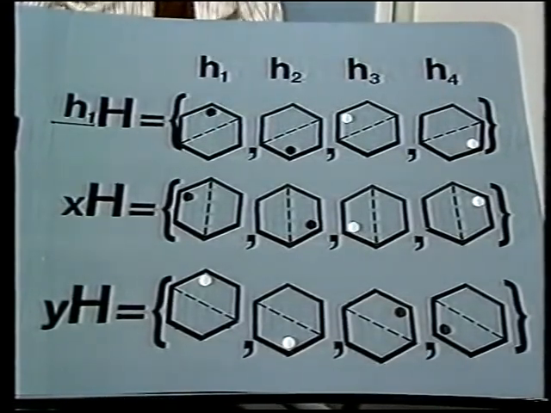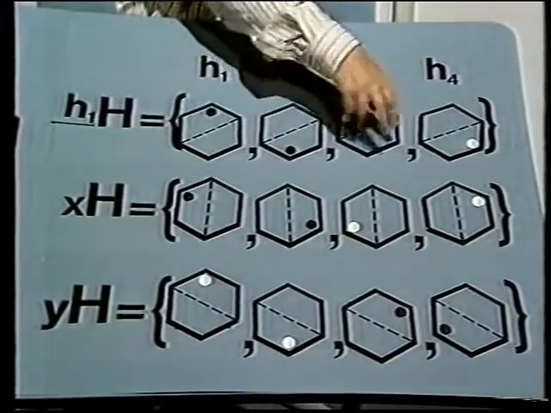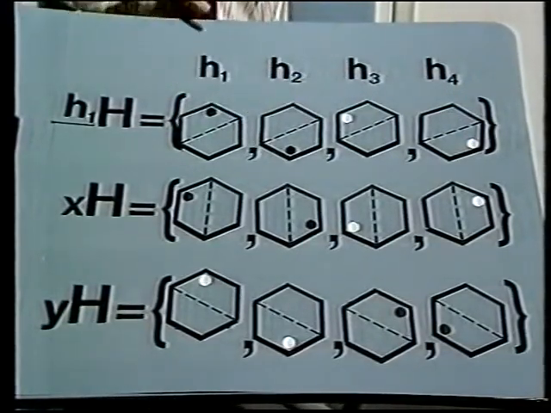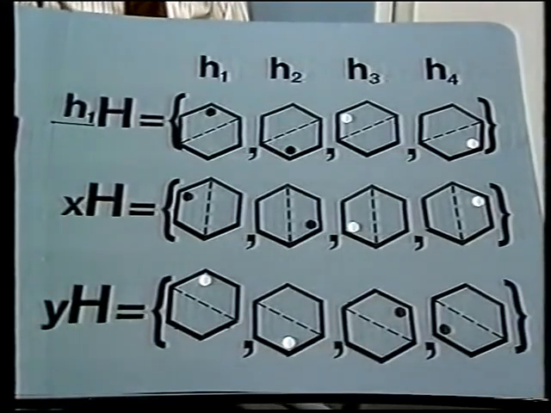So as I apply the element G to them, whatever G is, it'll do the same to the marked diagonal in each case. It starts in the same position, G will take it to a new position, but the same position in each of the 4 cases. So in the coset GH, the marked diagonal will be in the same position throughout.